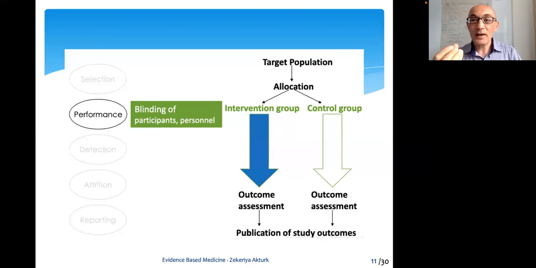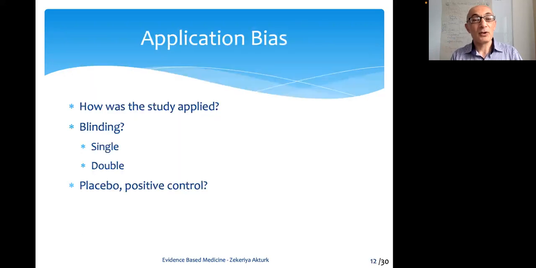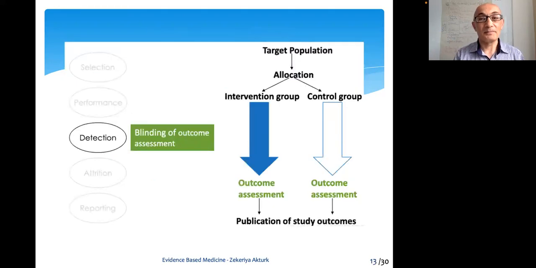So you should have some sort of fake acupuncture or mock acupuncture, whereby you will imitate needling the skin. Otherwise, you will have different amounts of placebo observation in the groups. Okay, I hope the examples were valid and understandable for the performance bias.